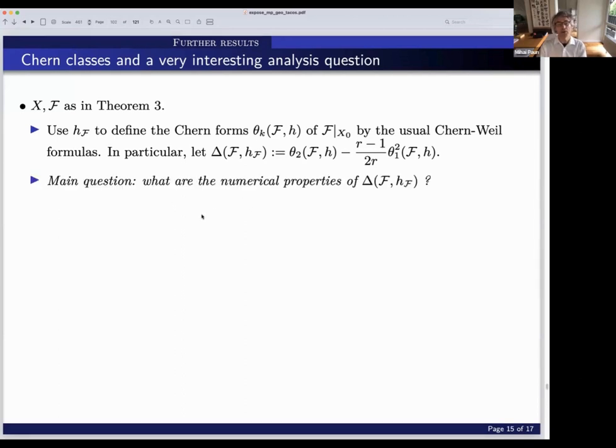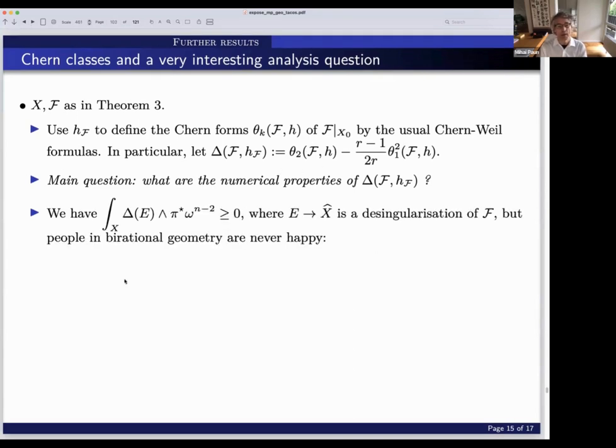And then the main question which occurs here is that this is a (2,2)-form on X_0. What are its numerical properties? Because we would like to say something about the positivity of this, the numerical positivity of that in the end.